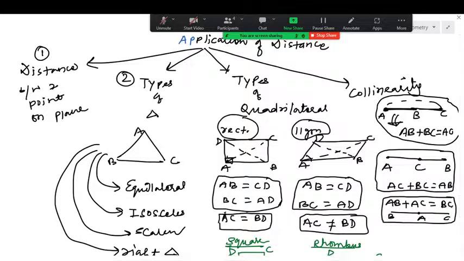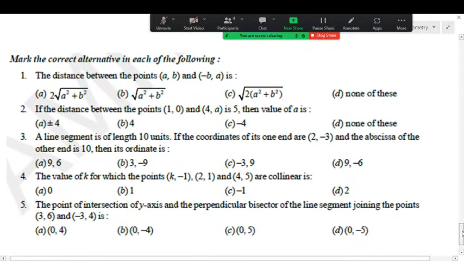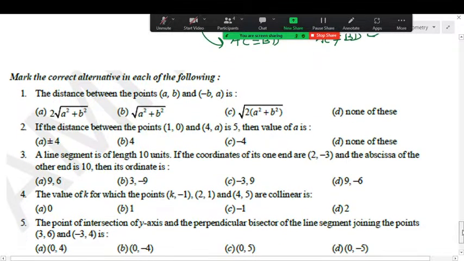And if you find that the sum of any two distances is equal to the third one, then you will call it collinear. We will learn it with some examples, don't worry. We have many other examples here that I want you to solve now.